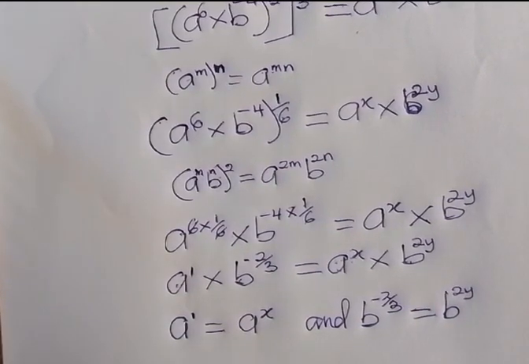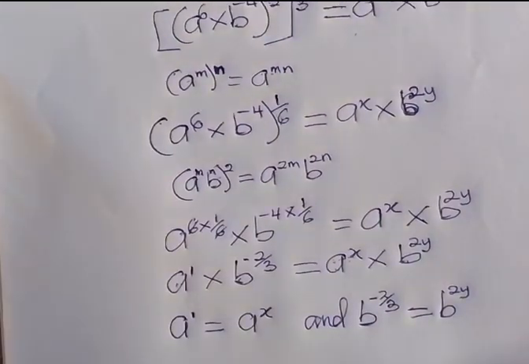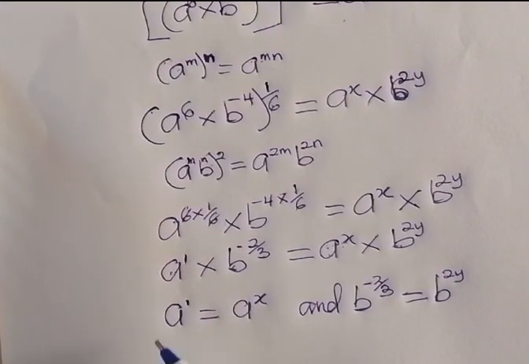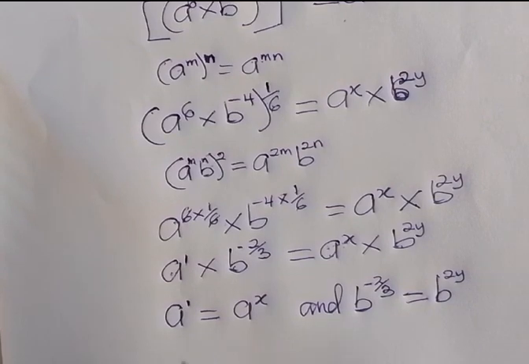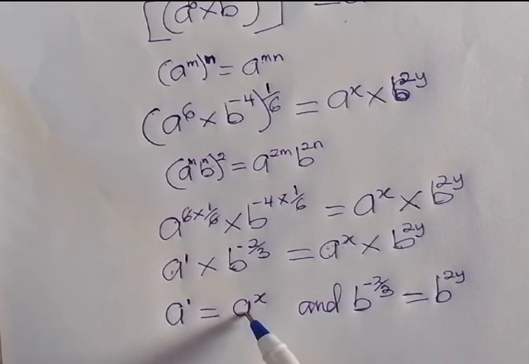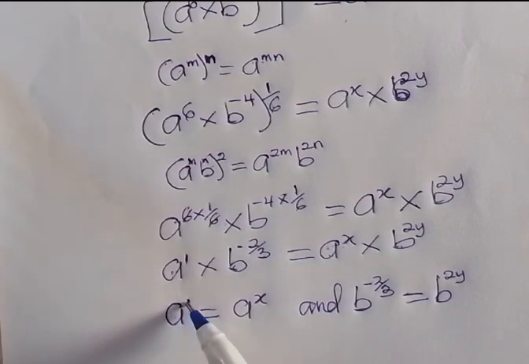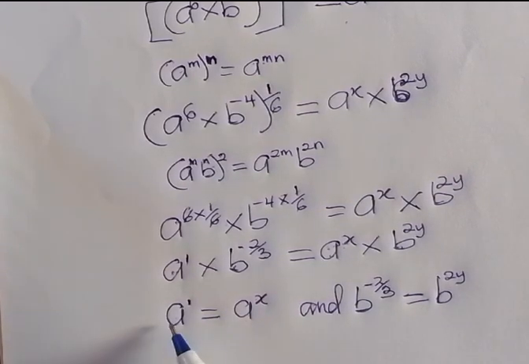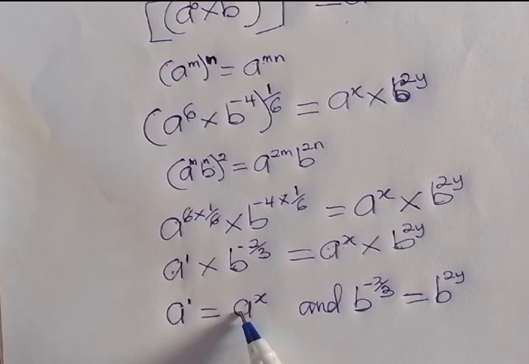Okay, and in one of the laws of indices, whenever you have an exponential equation, if the bases are the same, we only equate the exponents. When you have exponential equations and the bases are the same, we only equate the exponents. So since here is a, yes, a, it means the bases are the same.